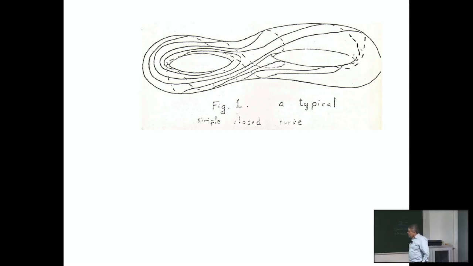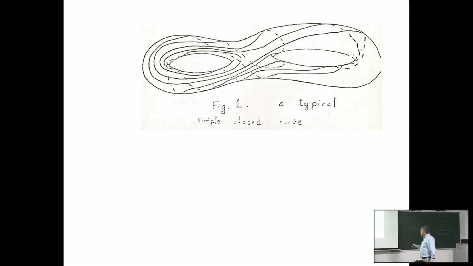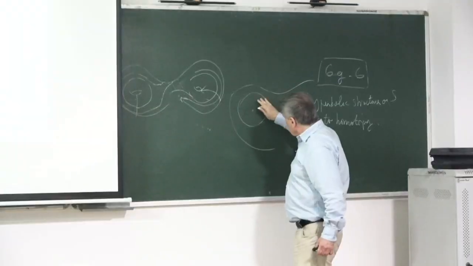I said that when I say a closed curve, I want it to be non-homotopic to a point. This curve here is homotopic to a point, so I don't want it.